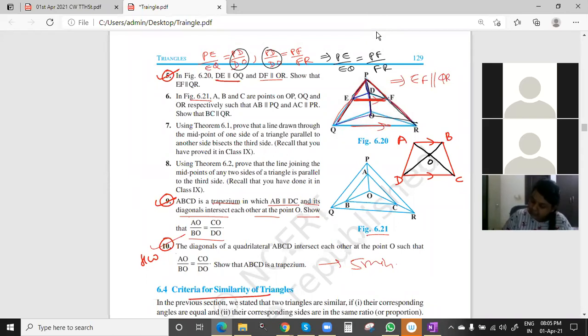Given AB is parallel to CD. So we can draw construction, draw a line. This is the first line we can draw.